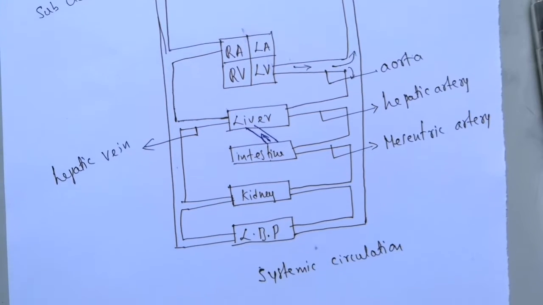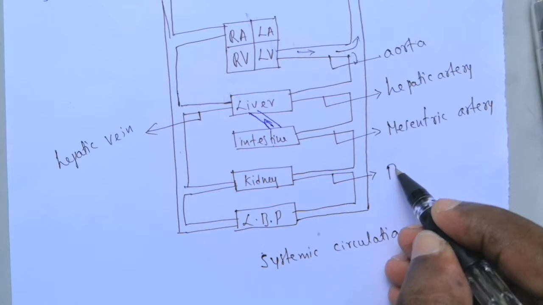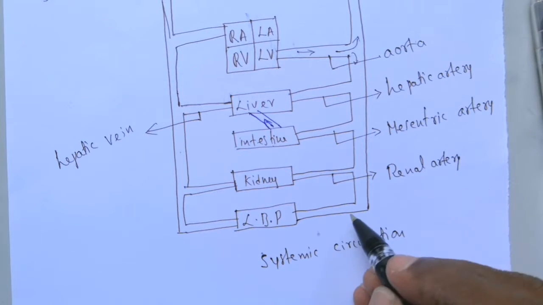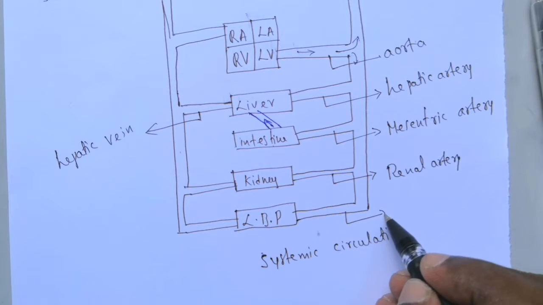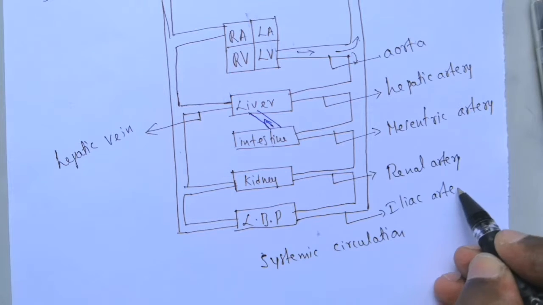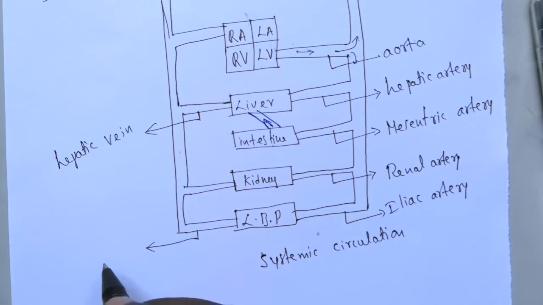Okay, let us talk about kidney here. This artery is called as renal artery. This is iliac artery. This is iliac vein.